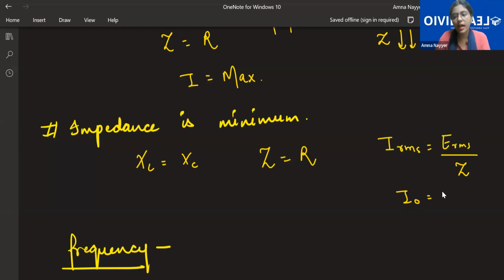Similarly, I naught will be equal to E naught divided by Z, and Z is equal to R. Same equation, you just put the impedance as R.